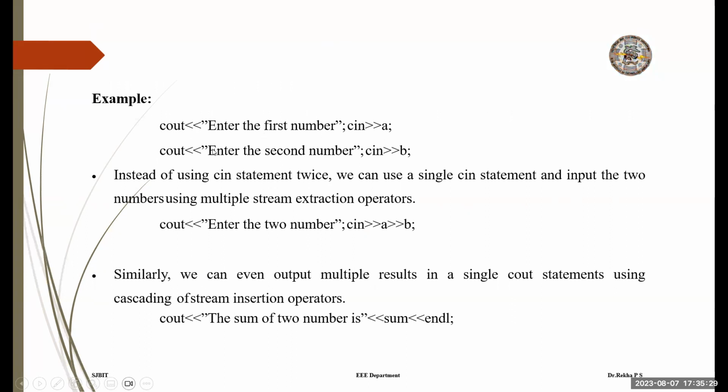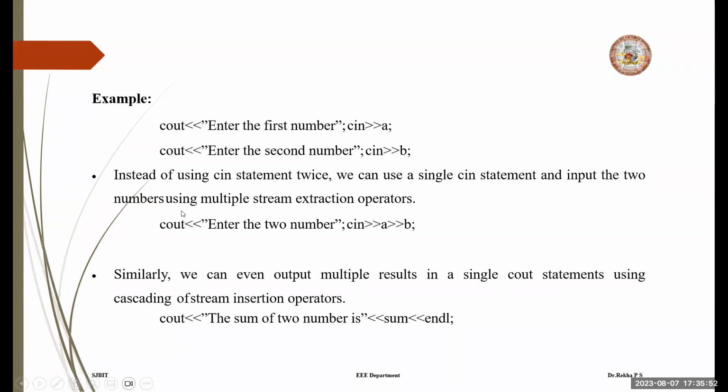Whatever you write within double quotes, the same text, that is the string, will print on the screen. So enter the second number, whatever the user has entered will be read into this B variable. Here you have used cin A, cin B separately, right?